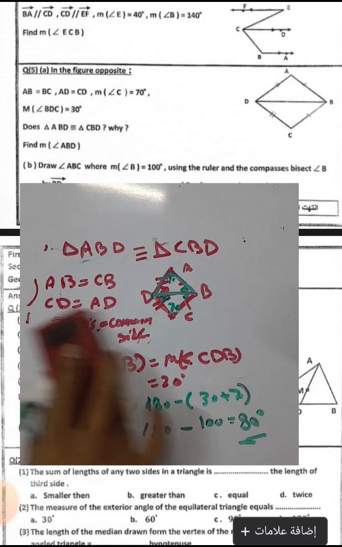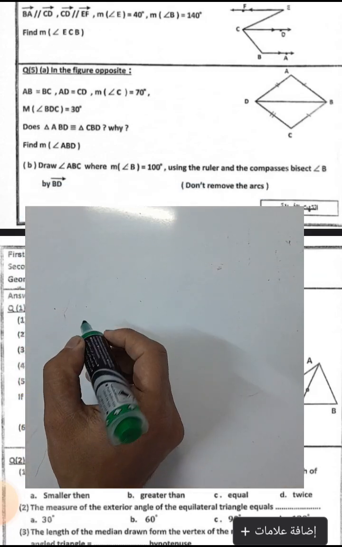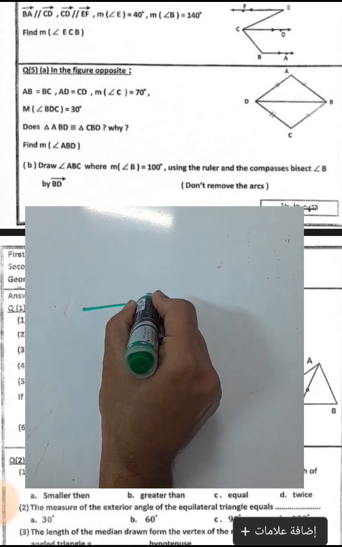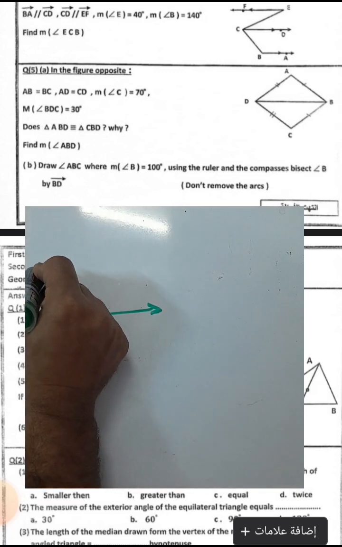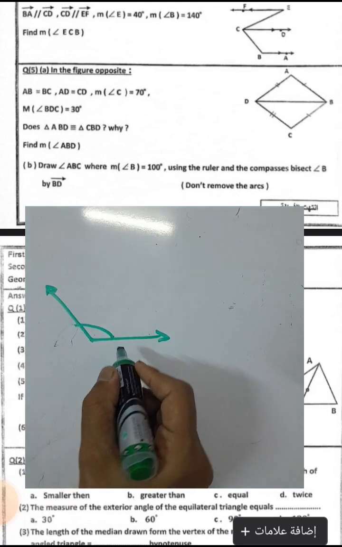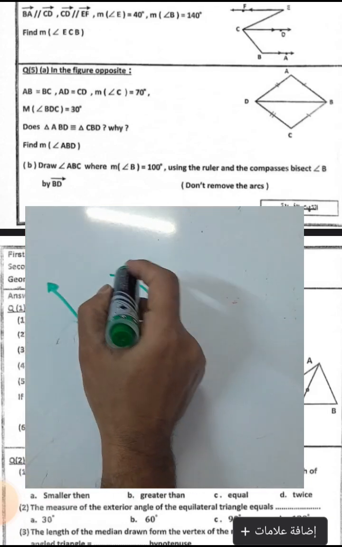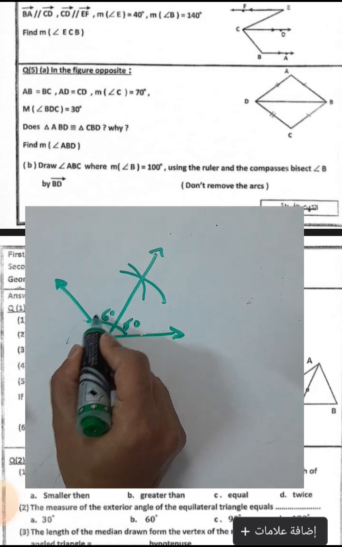Last question: draw an angle and bisect it by using a compass. Okay, we can use the ray here and a protractor, draw an angle whose measure equals 120, and then stop here. By using the compass, open the arc, and then open the arc again, and then draw the ray here to bisect this angle into 60 and 60 degrees.